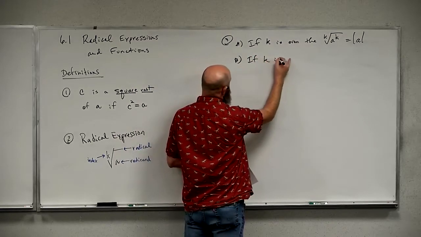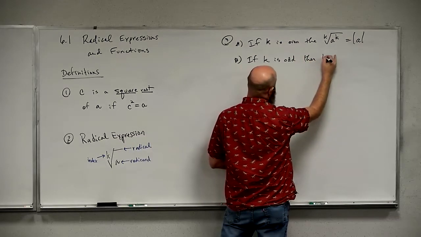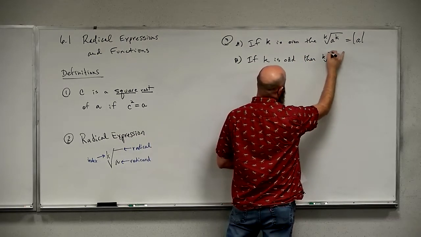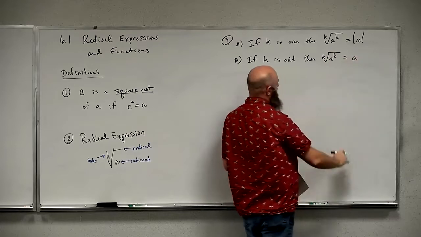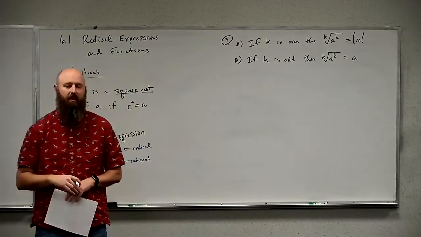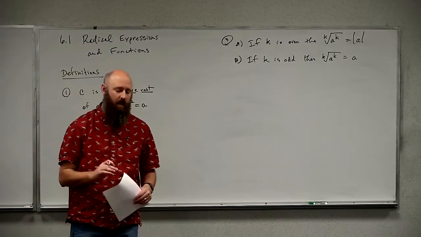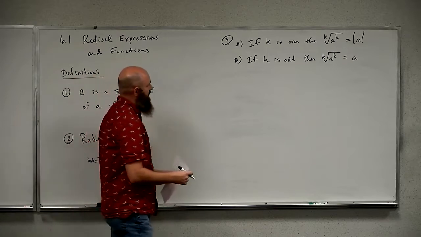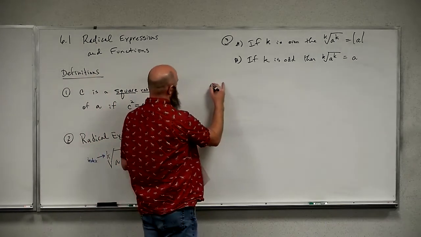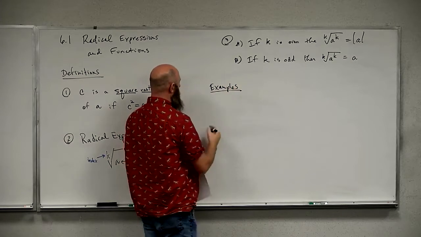But if K is odd, then the kth root of A to the K is just A. It's kind of like the root and the power cancel each other out there in that case. But again, we'll talk more to why that is in our examples so that we can kind of see those things, okay? All right, so let's look at our examples here.